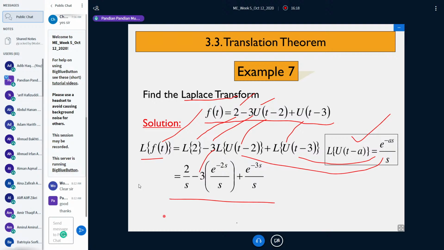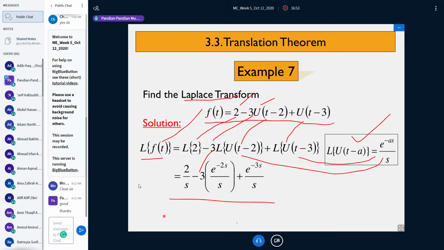Table is very important. 3.1, write down here, 3.1 Laplace transform, subtopic transform of some basic functions. There are 7 functions. Number 1 is Laplace of 1 equals 1 over s. Number 7, Laplace of cosh kt, C-O-S-H, cosh kt is s over s squared minus k squared.